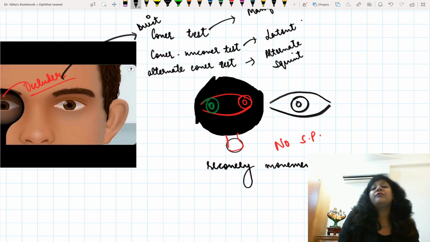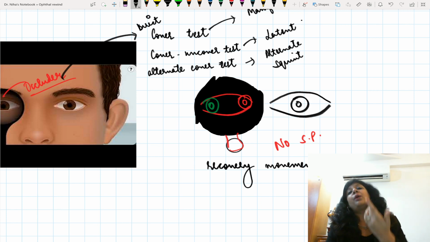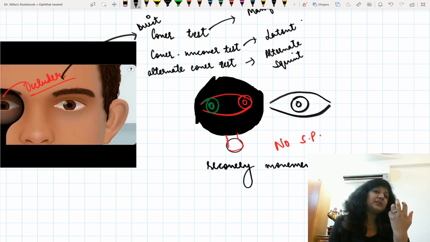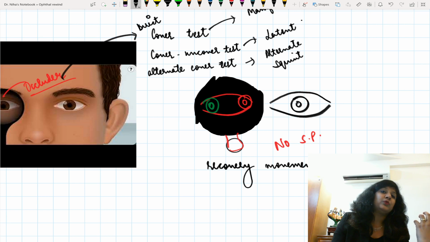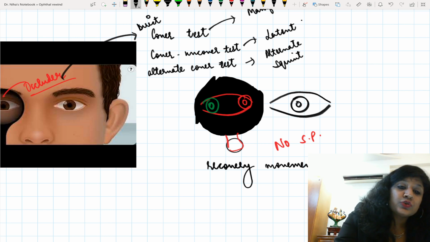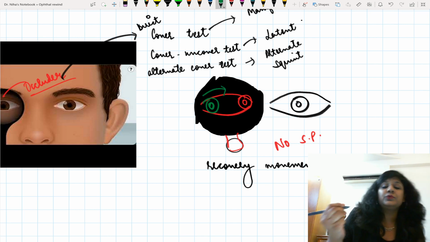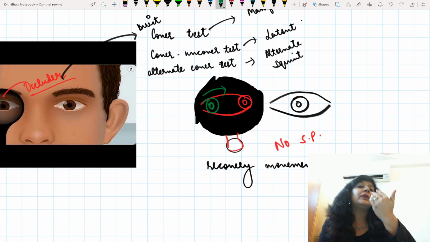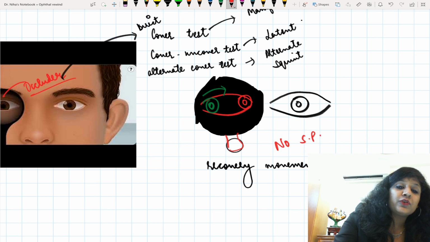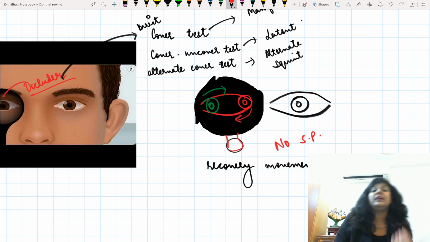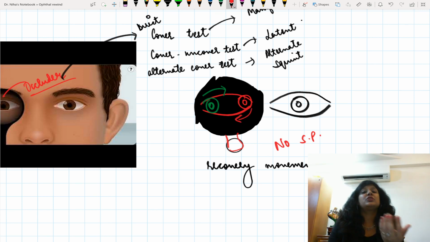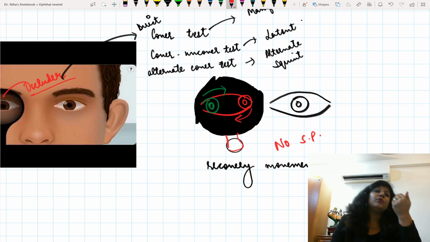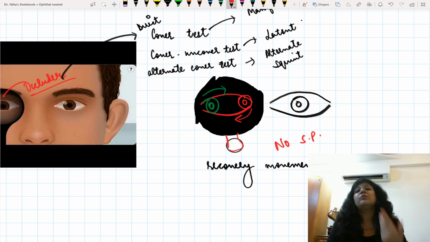This recovery movement is always in the opposite direction. If the squint had taken place in the outward direction, it will now move inward to take its central fixation. So in cases of EXO, the recovery movement will be inward, while if it was ESO, the recovery movement will be outward.